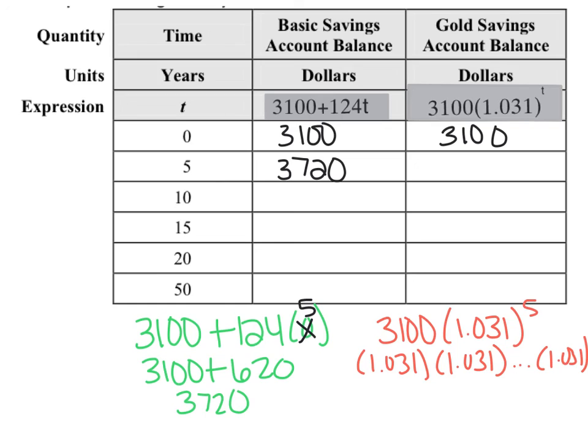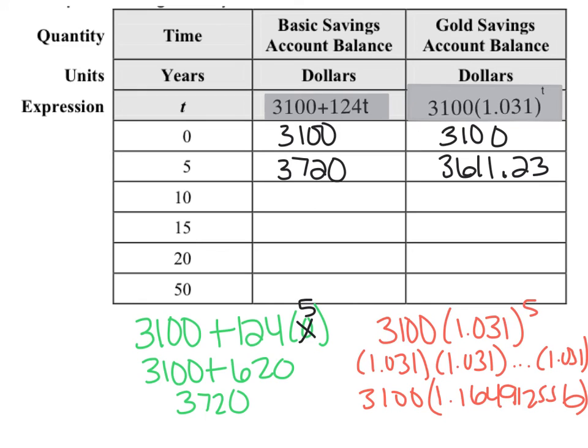And if I do 1.031 to the 5th power, I get the lovely answer of 1.164912556. And now I'm going to multiply that by 3,100. And when I multiply that by 3,100, I get $3,611.23.